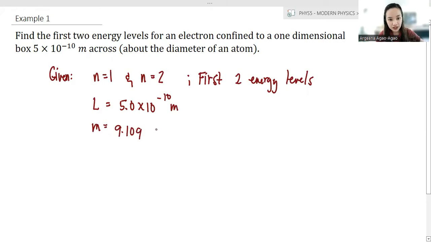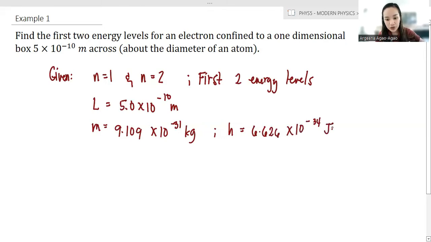The mass of your electron, that is 9.109 times 10 raised to negative 31 kilograms. And your Planck's constant, that is 6.626 times 10 raised to negative 34 joule-seconds.